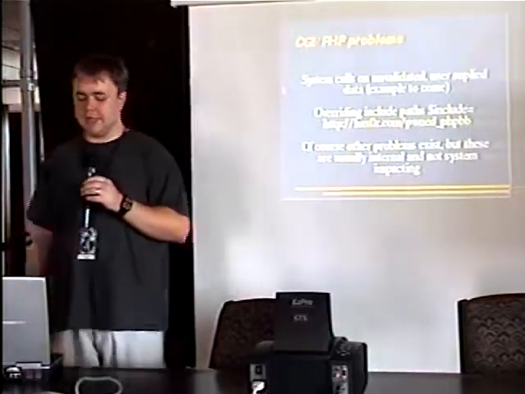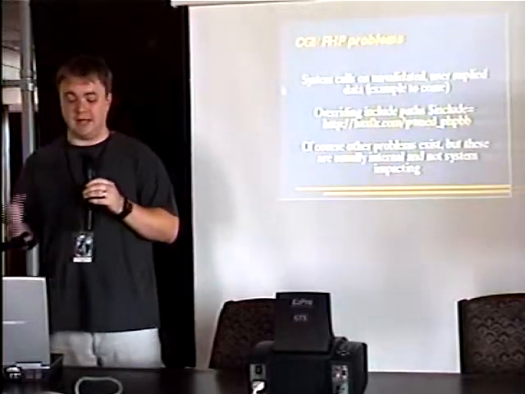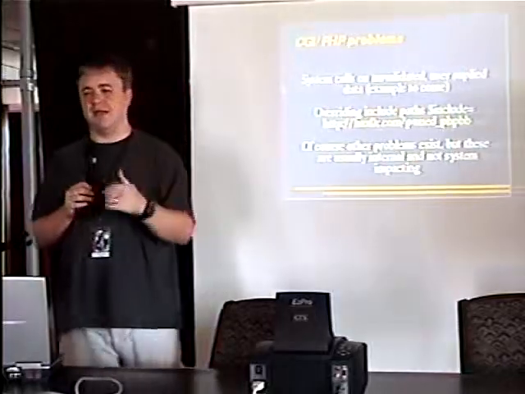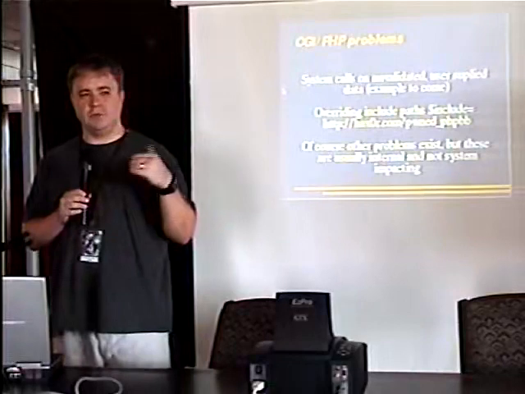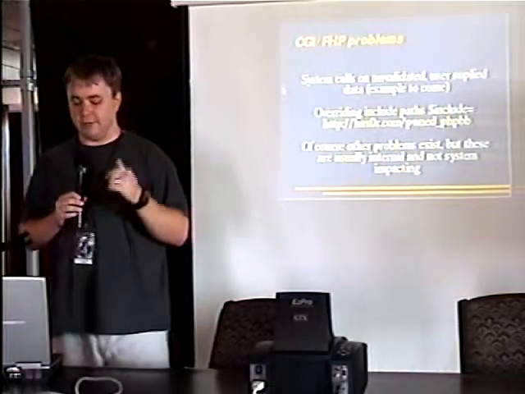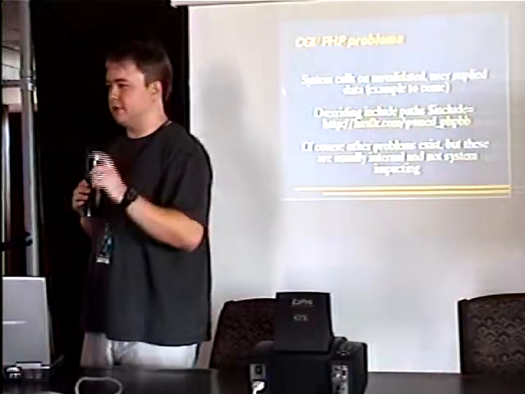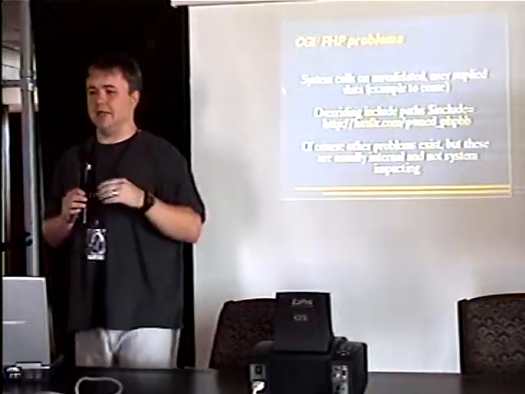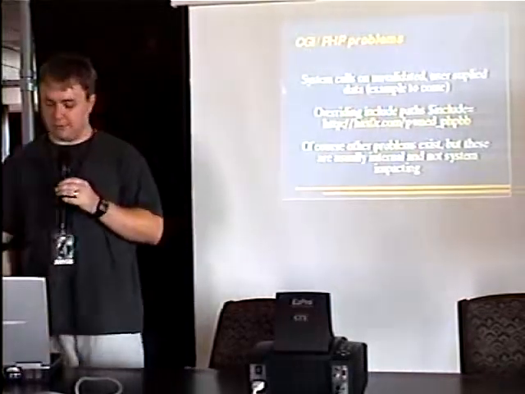CGI and PHP problems: system calls on unvalidated, user-supplied data. This is the most common attack against web servers today, period, bar none. I'll demonstrate this in a little bit, but basically this is the web surfer supplying data to the script that is not checked, and then a system call is run. And that's what is happening around the world.